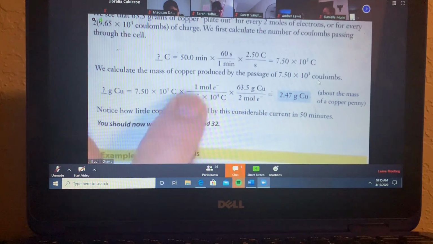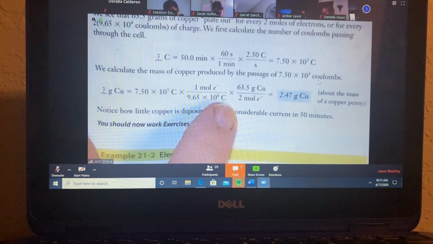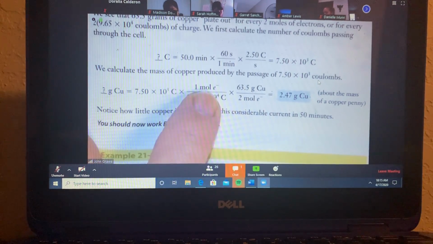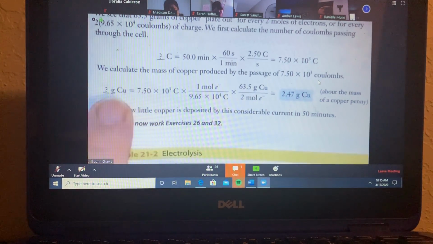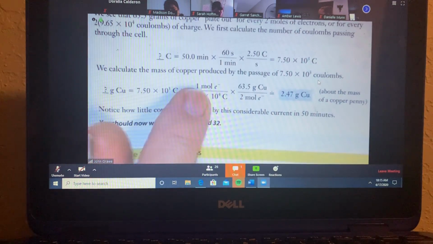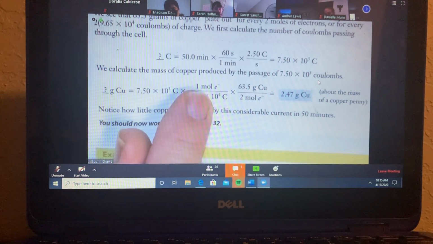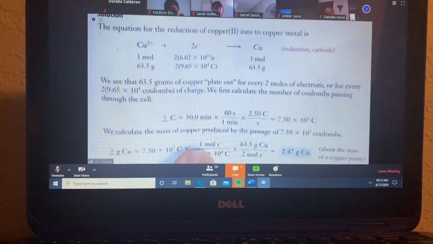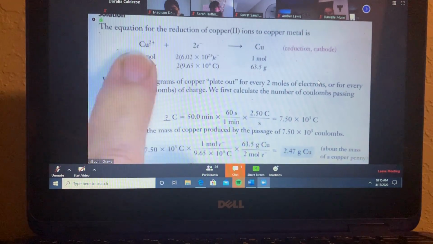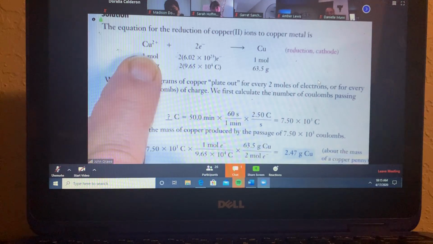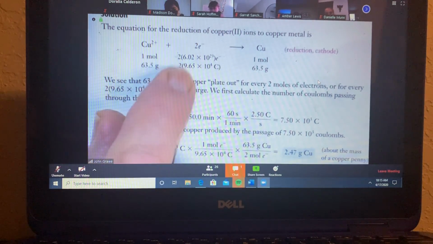There goes coulombs. Now we're in moles of electrons. That's not what we need. We need grams of copper. So we have to go to the equation, because in 1 mole of copper we've got 2 moles of electrons.